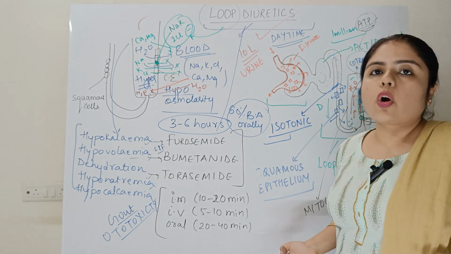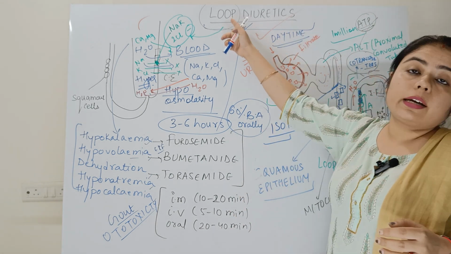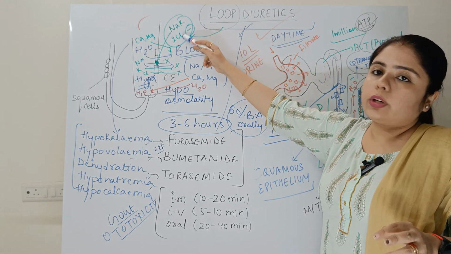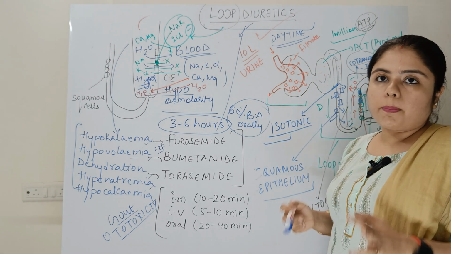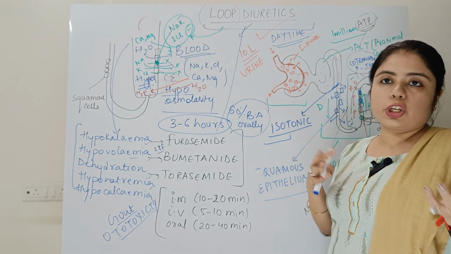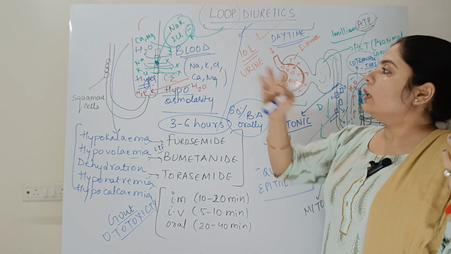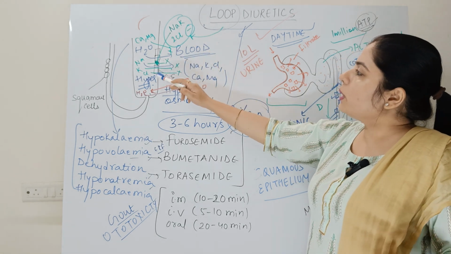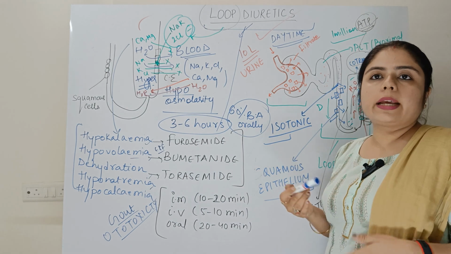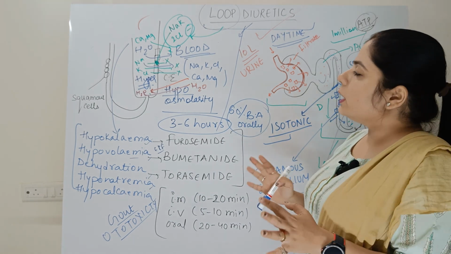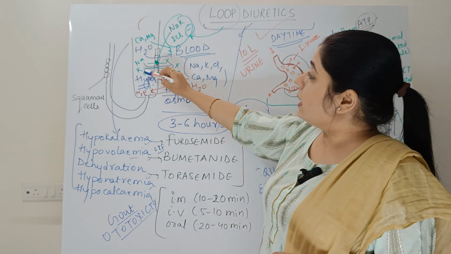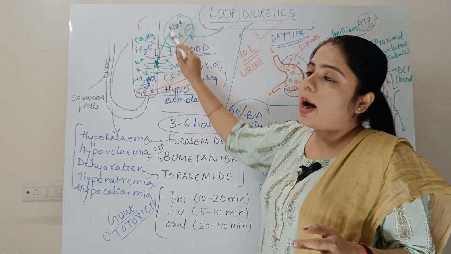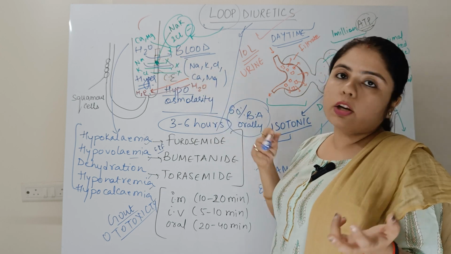In short, loop diuretics are targeting the loop of Henle of the nephron. In the loop of Henle, they are blocking the sodium-potassium-chloride co-transporter pump, which is responsible for the reabsorption of these ions into the blood, but they are prohibiting that, and due to that there is no electrical gradient developed, which leads to retention of these ions inside the nephron, and because of that they are now a part of urine, and all these ions are lost in the urine.